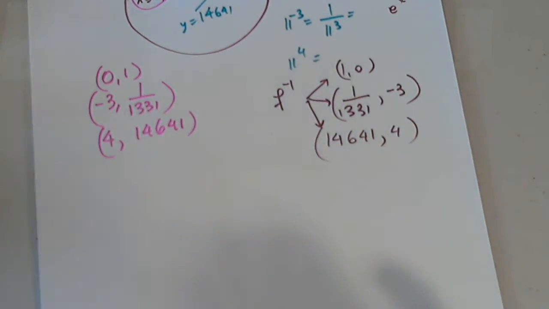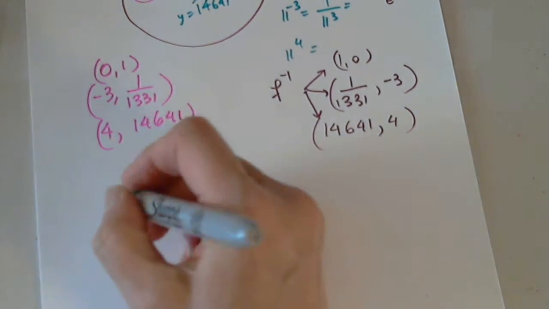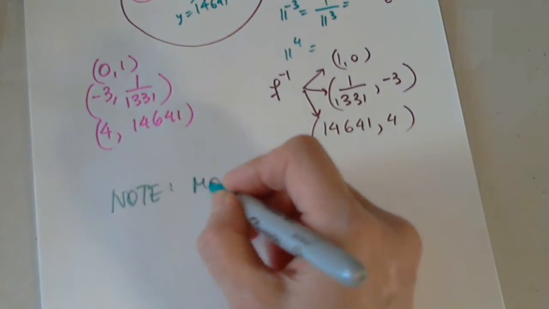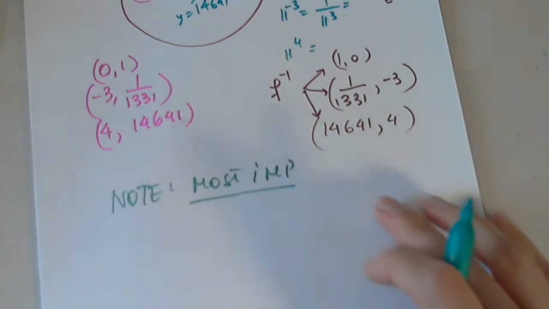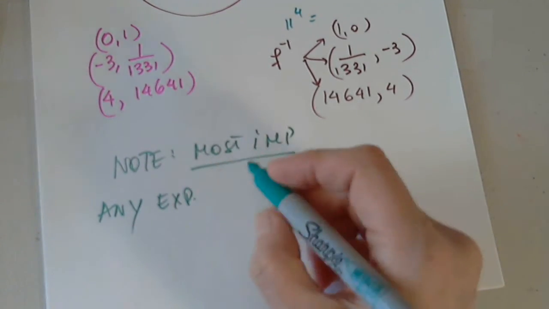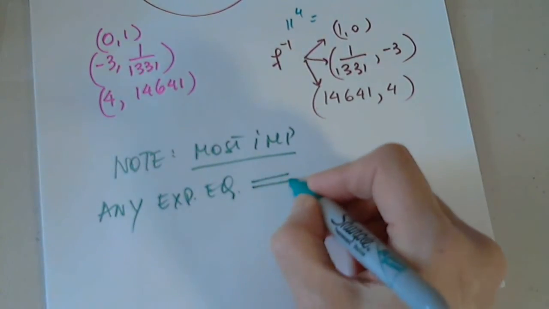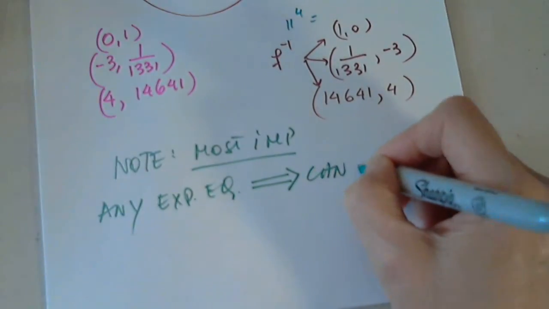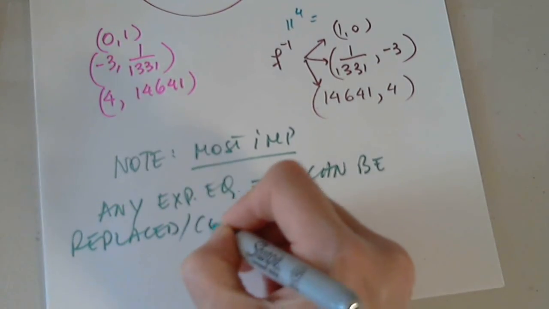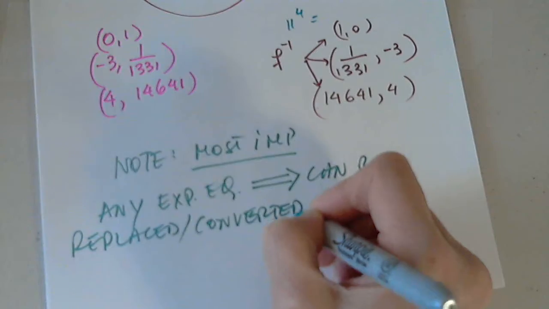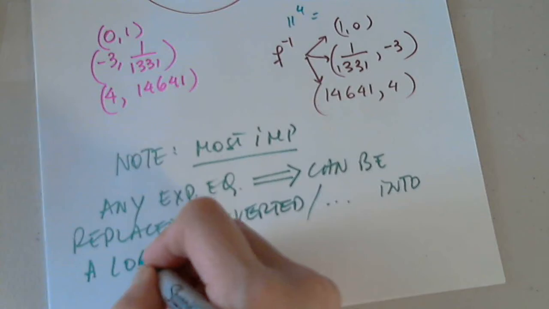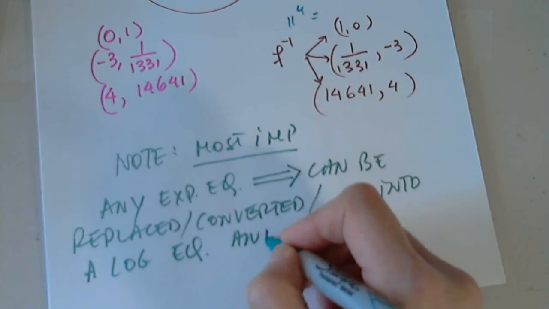Before I show you, I have to write a very important note, a very important result. I would say that this is the most important in this chapter: any exponential equation can be converted, replaced, into a log equation, and vice versa.